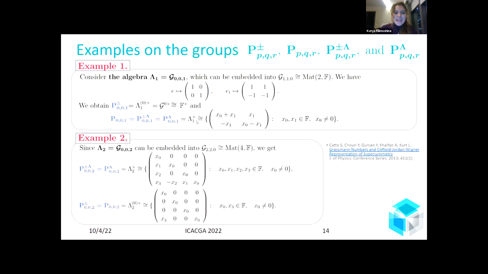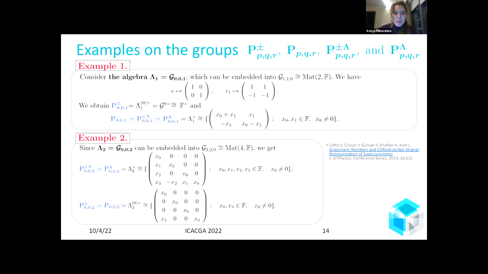Now, let us give some examples of the four introduced types of Lie groups P in the cases of the low-dimensional degenerate geometric algebras. We use that the degenerate geometric algebra can be embedded into the non-degenerate geometric algebra of large dimension, which is isomorphic to the matrix algebra. In the first example, we consider the Grassmann algebra G001.